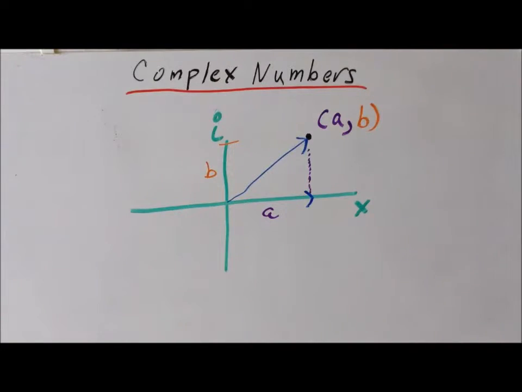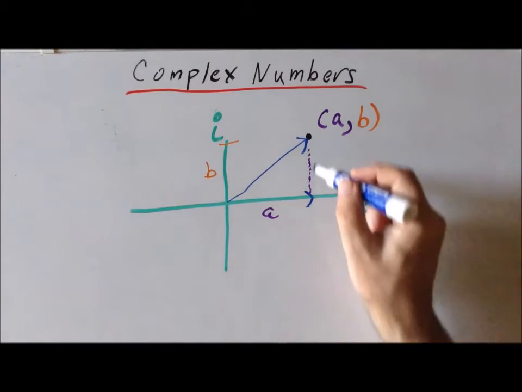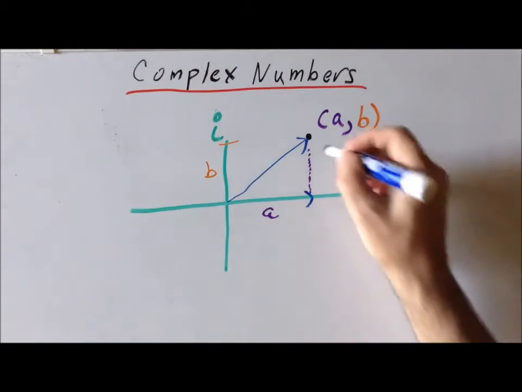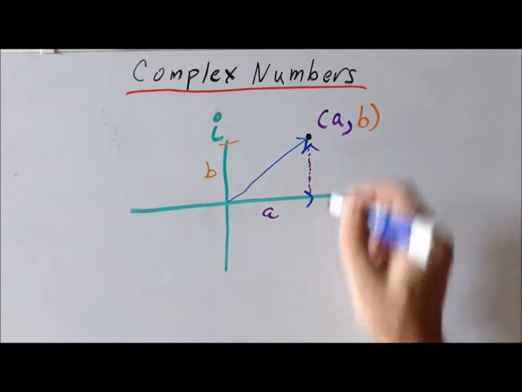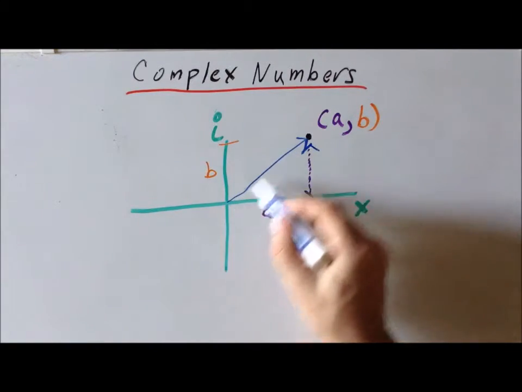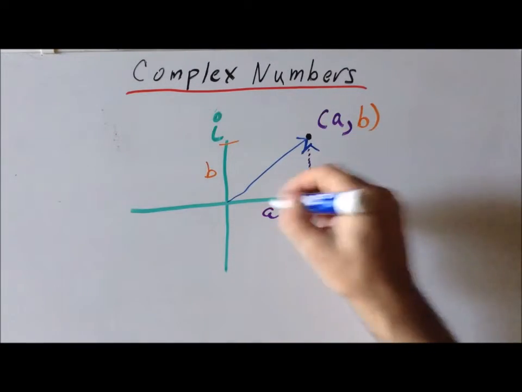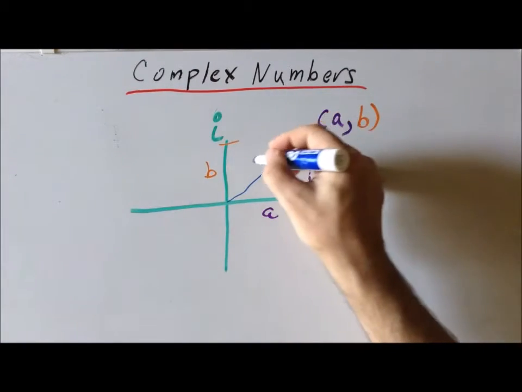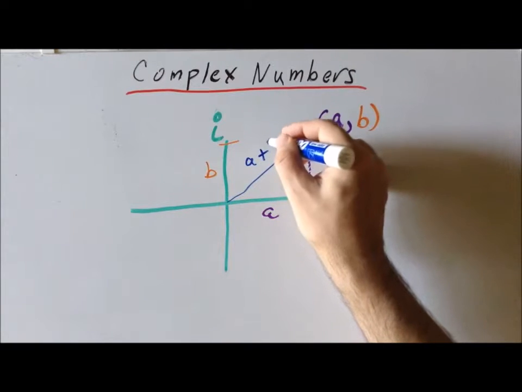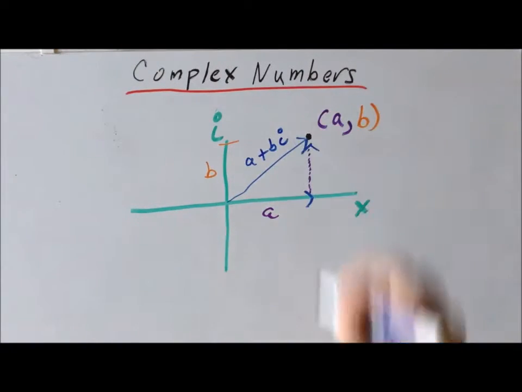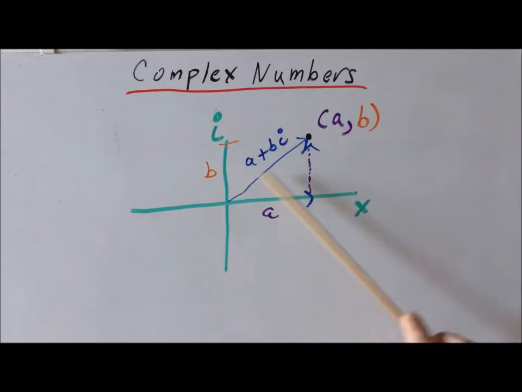And then we add to that a vector going b units in the imaginary direction. So therefore, this particular blue line that we've drawn here is actually the sum of two vectors. And this is the vector a plus bi.